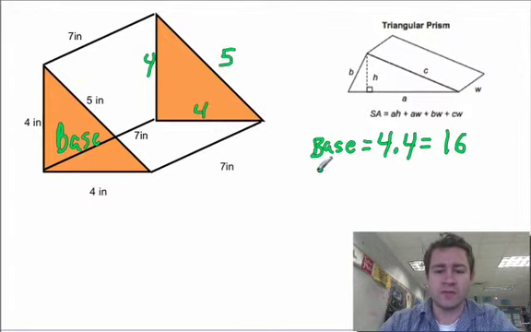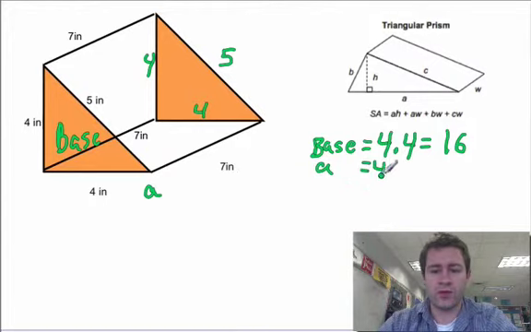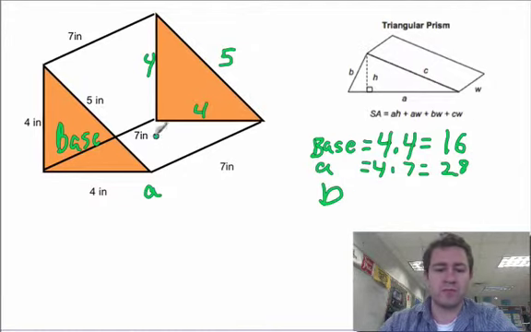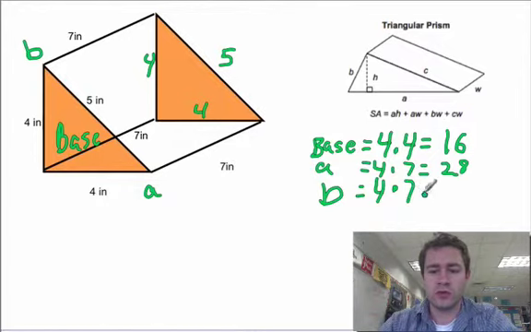So it'd be 16. So we're going to do side A. It doesn't matter which side. For me, I'm going to do side A as the bottom. And that's a 4 by 7. So 4 times 7 equals 28. Side B, I'm going to make our back. And so that's going to equal 4 times 7 as well, and that's going to equal 28.